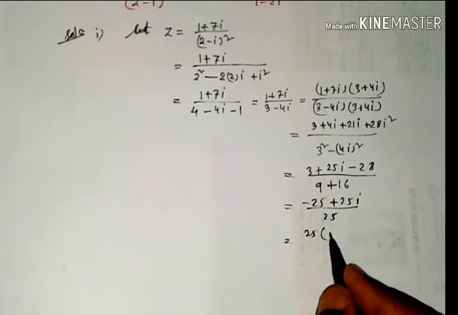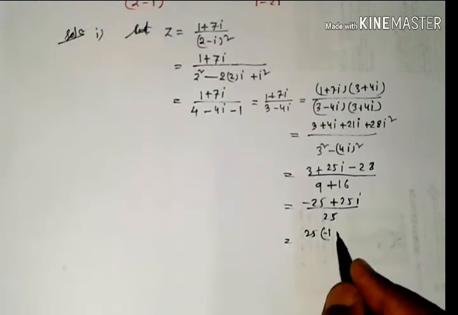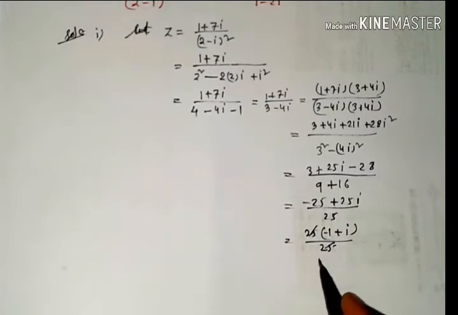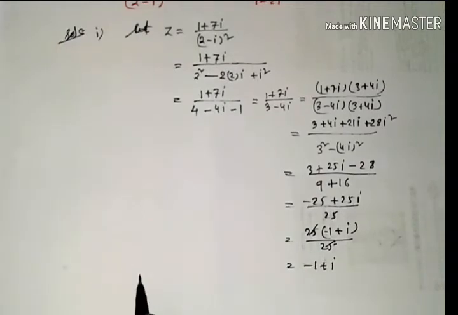If we take 25 common, minus 1 plus i, we can cancel this, giving minus 1 plus i. And this is the a plus ib form. Therefore, we can write this as the modulus of z.